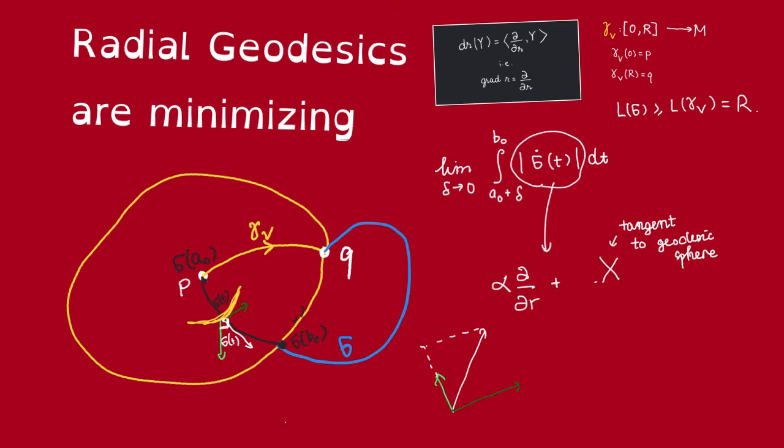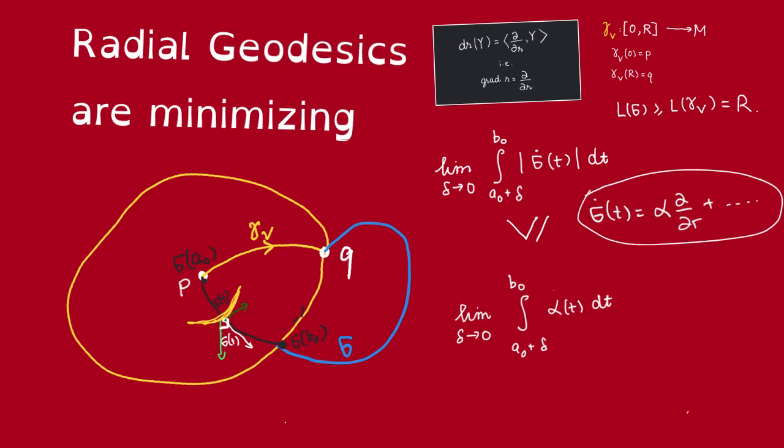Okay, so let's say that this vector has this orthogonal decomposition. In particular, this alpha is the scalar projection of this velocity onto the radial vector field. So this magnitude has to be greater than or equal to alpha. The absolute value of alpha is just this length, so this length has to be greater than or equal to this.